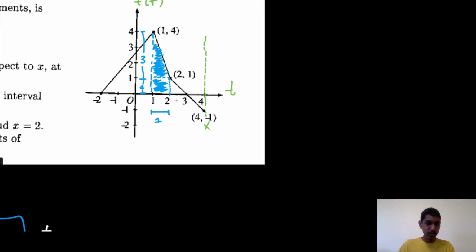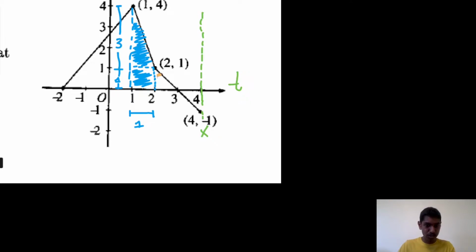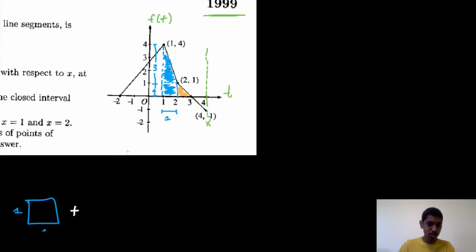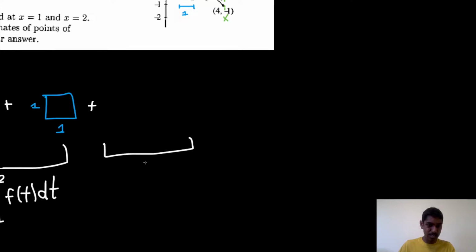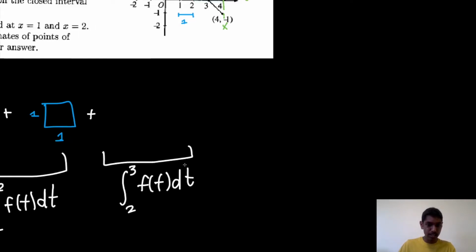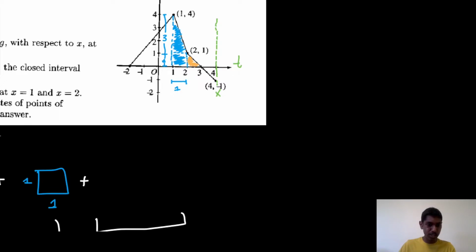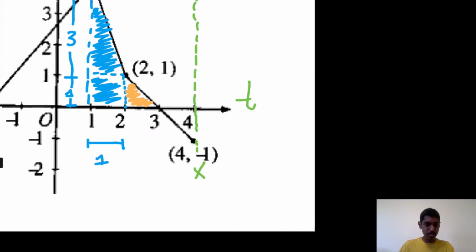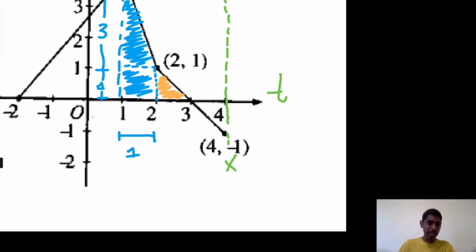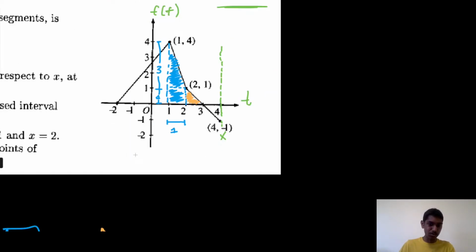So now we're going to consider this orange region, which is from 2 to 3. So this right here will be the integral from 2 to 3 of f of t dt, and we're going to have just a 1 by 1 triangle shape that'll look like this, right? Because you can see from this diagram that the height will be 1, and the width is also 1 because we're going from x equals 2 to x equals 3.